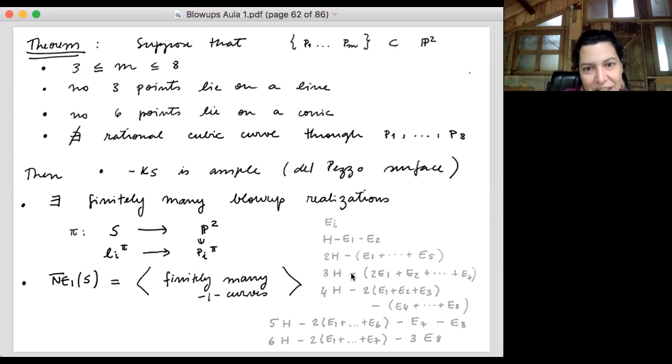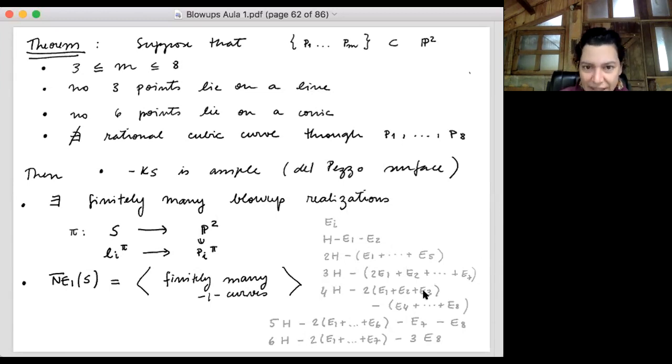And then you have these cubics here. Now we have to have at least 7 points. I take cubics that pass through 7 of the points and are double at one of them, so it has to be nodal at one of the points and pass through 6 of the other points.